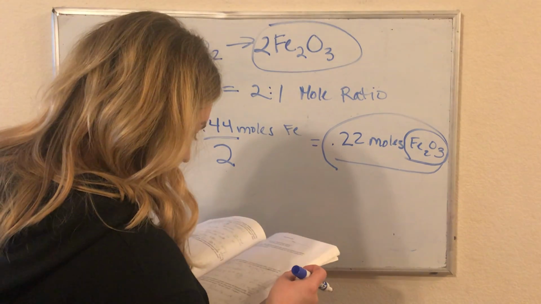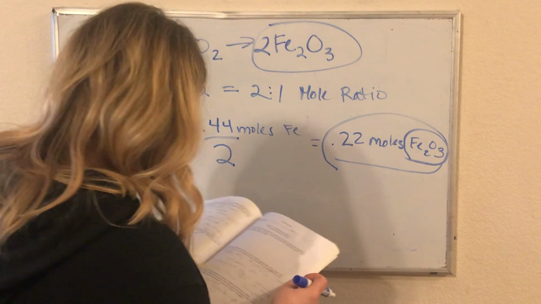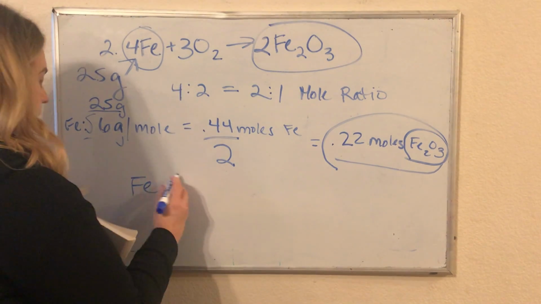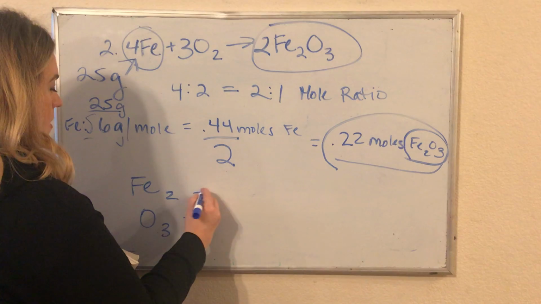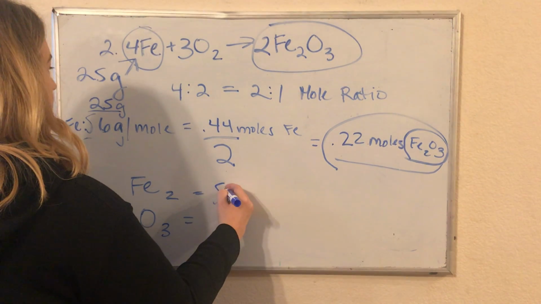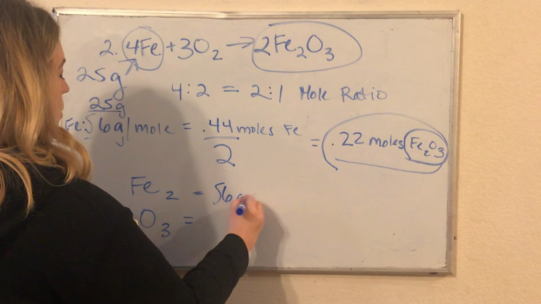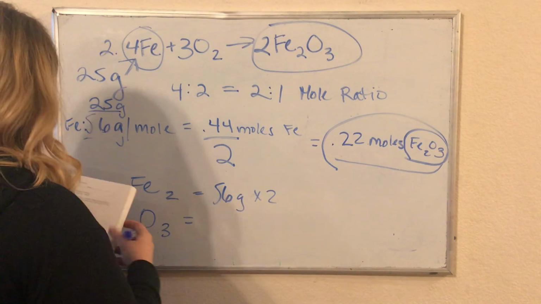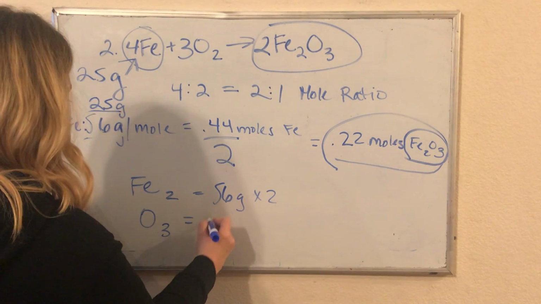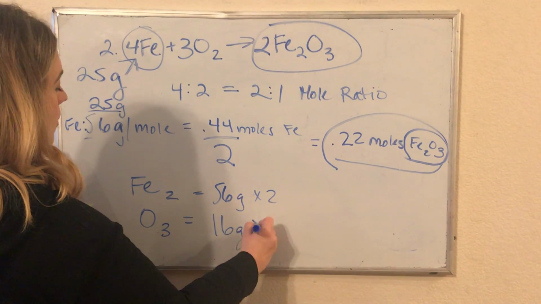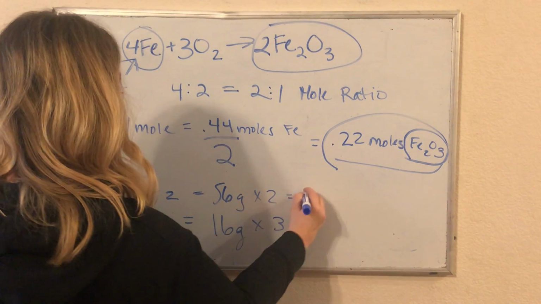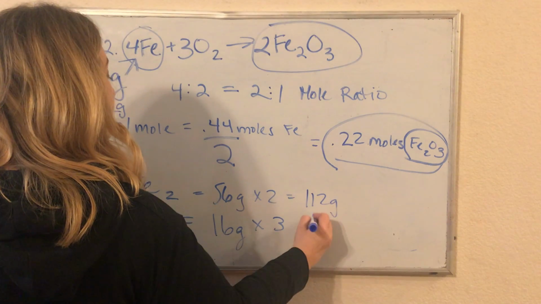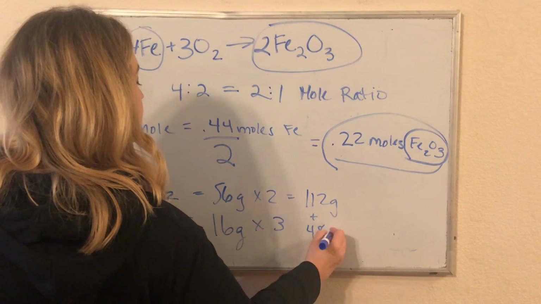We've got Fe 2 and then O 3. Iron weighs 56 grams per mole, and we've got 2. And then oxygen weighs 16 grams per mole, and we have 3 of those. Okay. So that's 112 grams plus 48 grams.